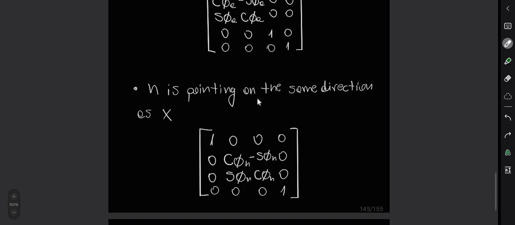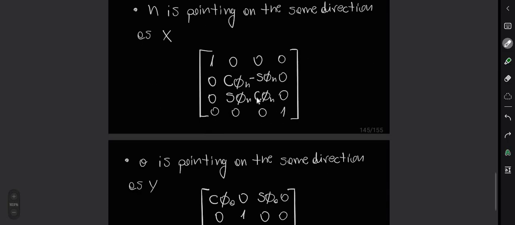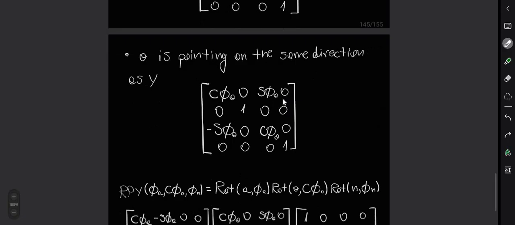So n is pointing in the same direction as the x-axis, so we just need to get the characteristic matrix of rotation about the x-axis and adapt it with the angle, which here is phi n.